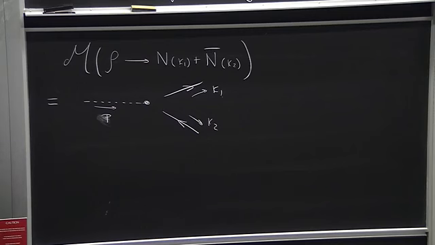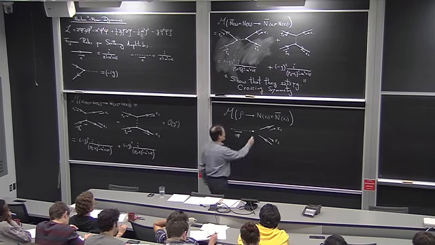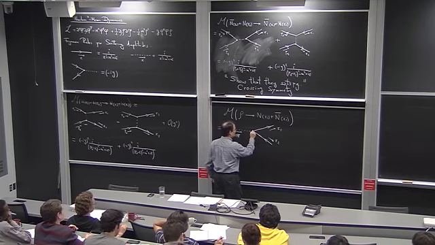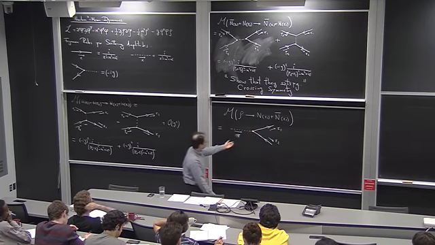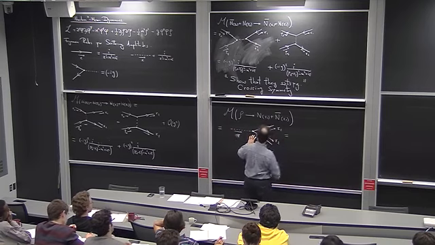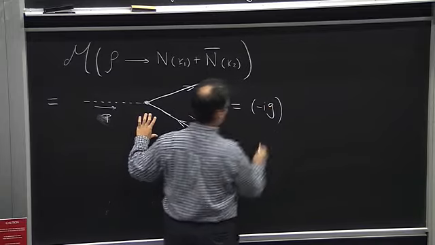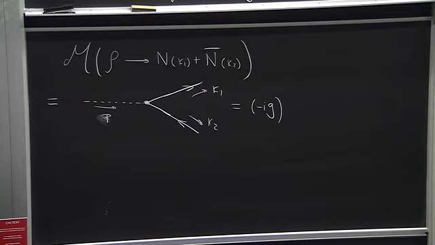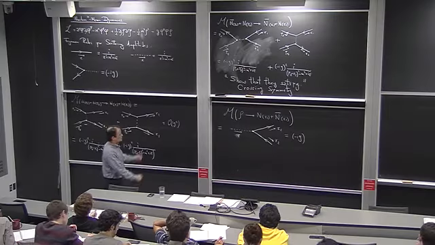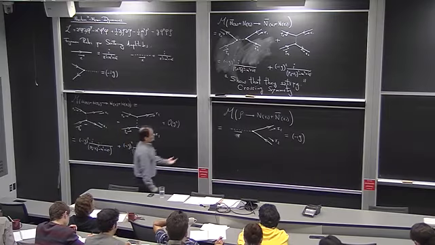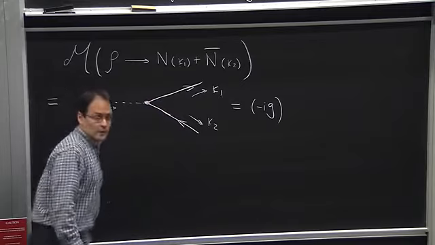So there is only one possible Feynman diagram, which is this. And therefore, we get, so that was a very, very fast computation. So we're done. Now, let's try to interpret this.